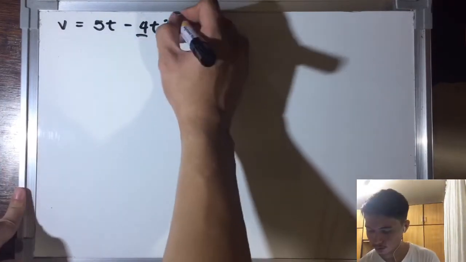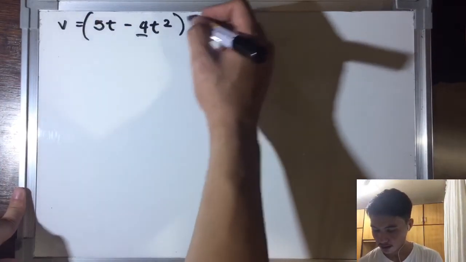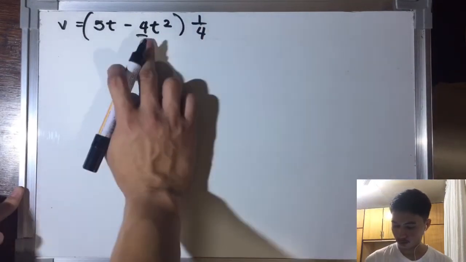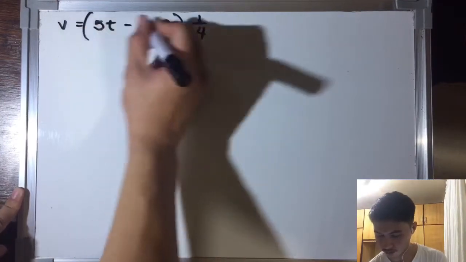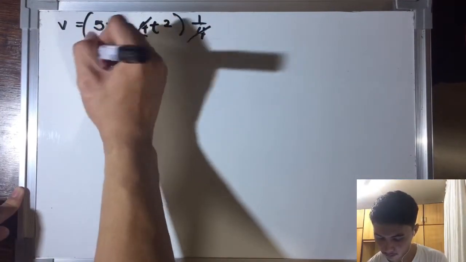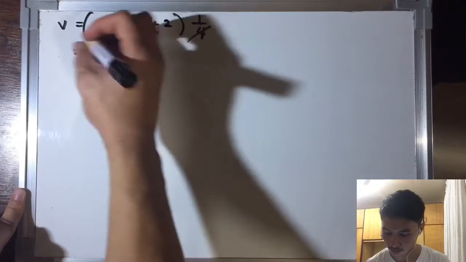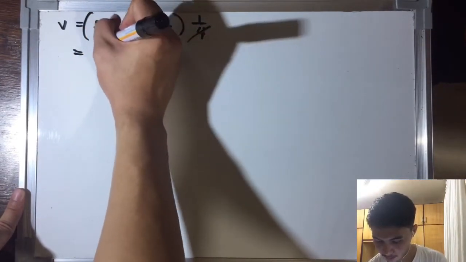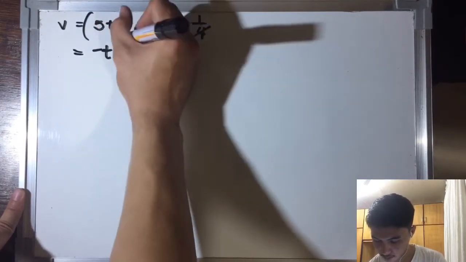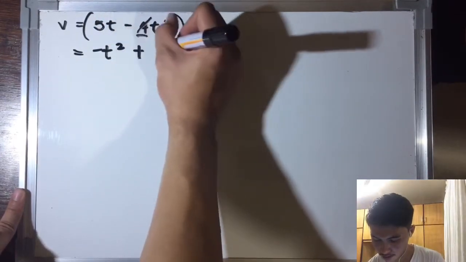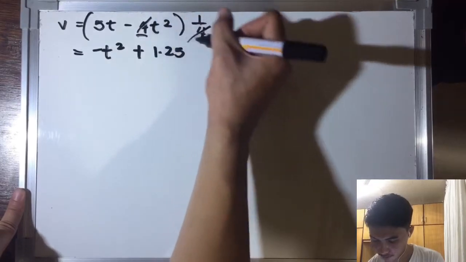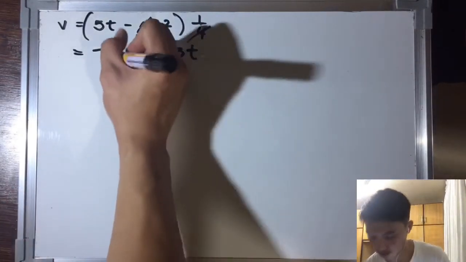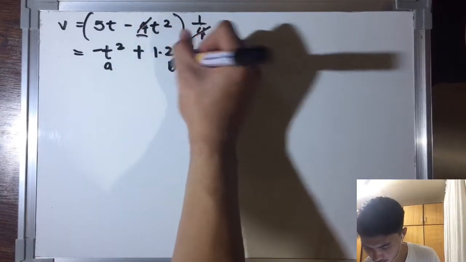So we are going to multiply this equation by 1/4 to omit this value. Multiplying by 1/4 will give us negative t squared plus 1.25t, since 5 divided by 4 gives us 1.25. So this will become our a and this is our b.